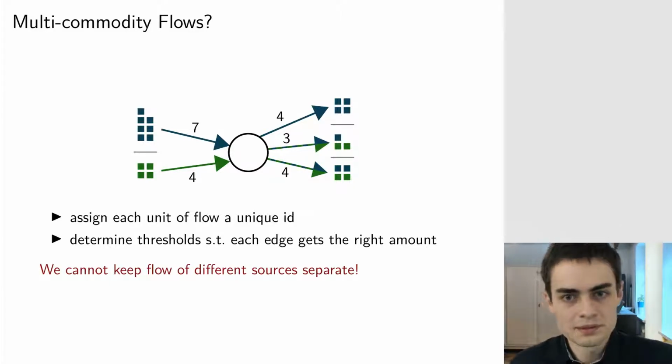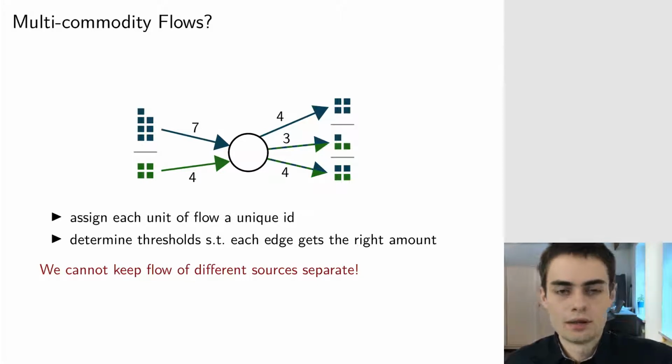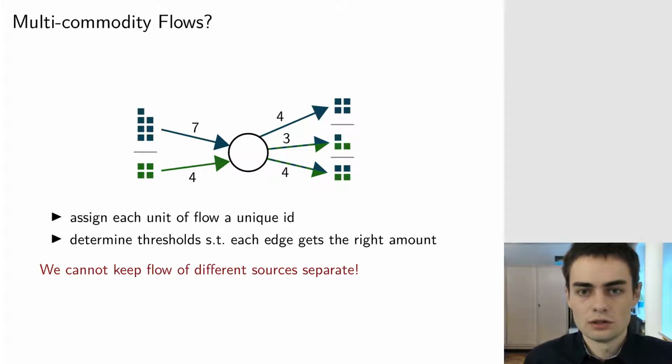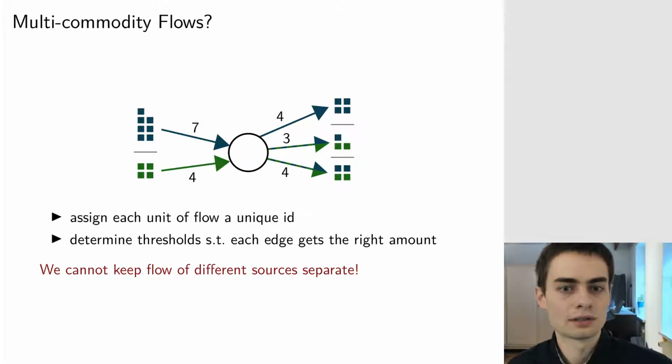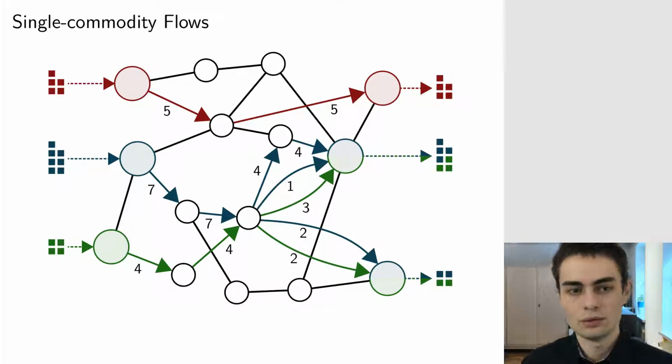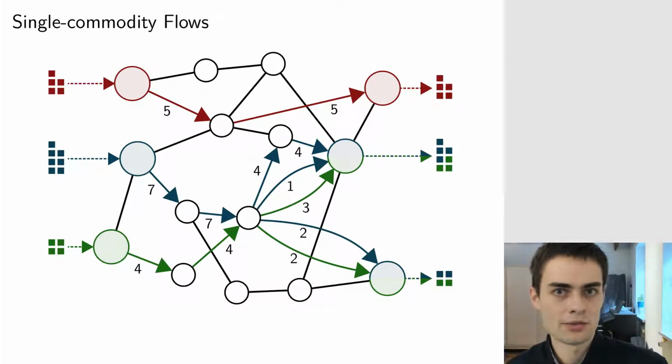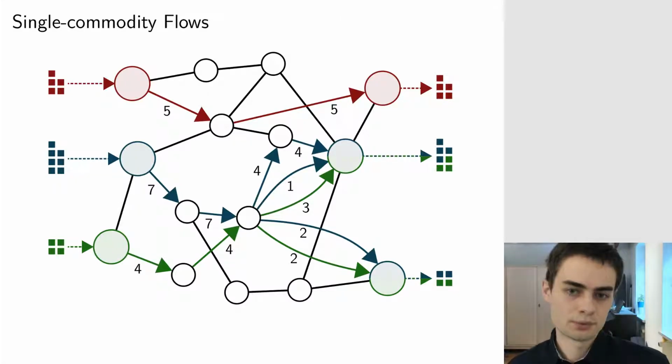Now the problem is that if we are doing that, we cannot really ensure that different commodities go where they're supposed to go. In this specific example, you could think of identifiers and intervals so that it would work, but in more complicated examples, it's not clear how you would do that. So looking at the original graph, we now have a few packets ending up at the wrong target. That's a problem.